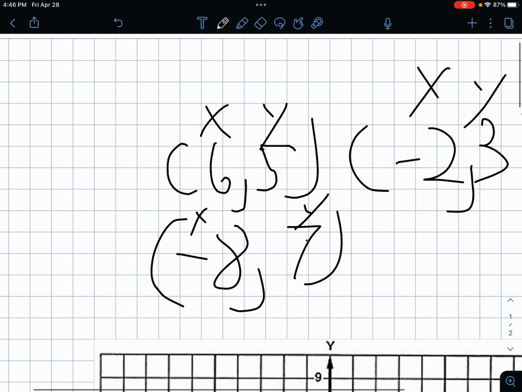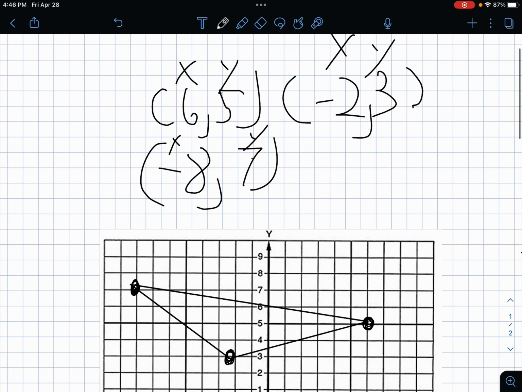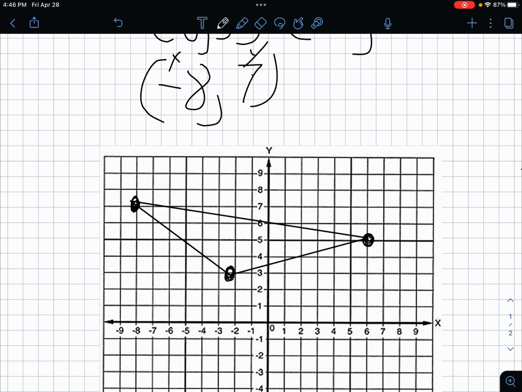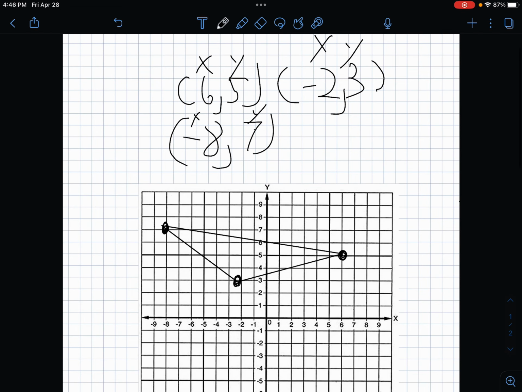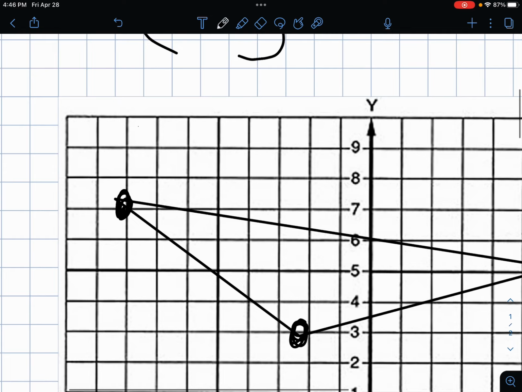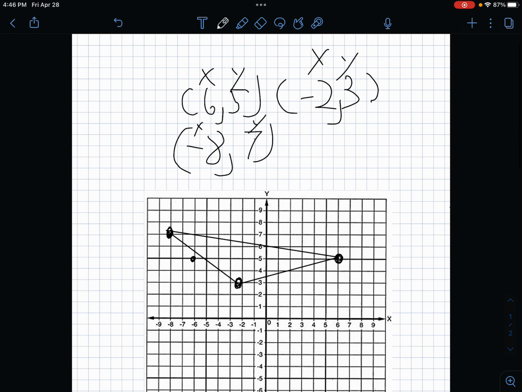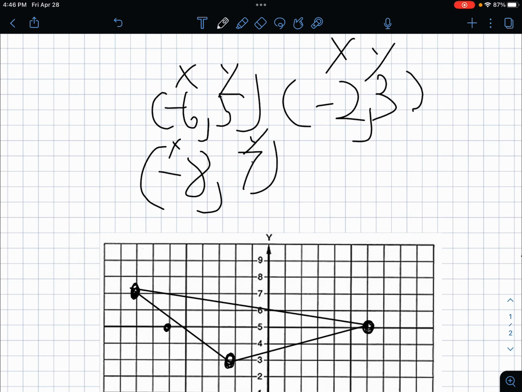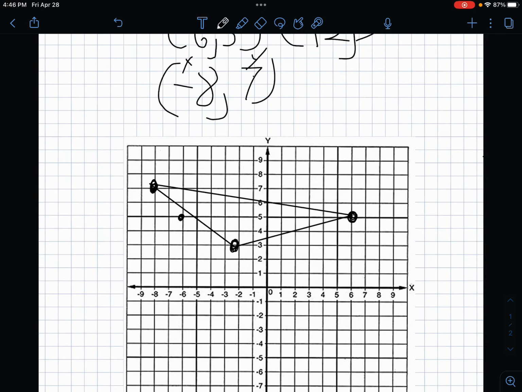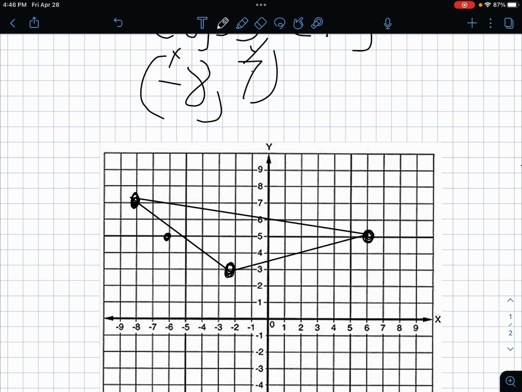Now let's go ahead and make all of our x's negative. So instead of 6, 5, we have negative 6, 5. Instead of negative 2, we now have positive 2, 3.